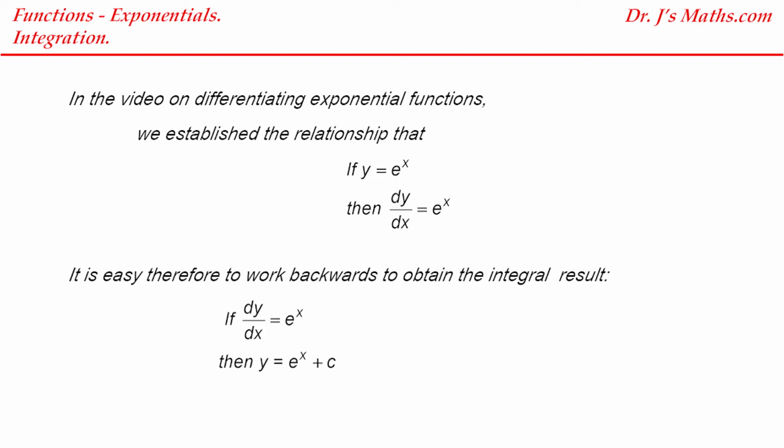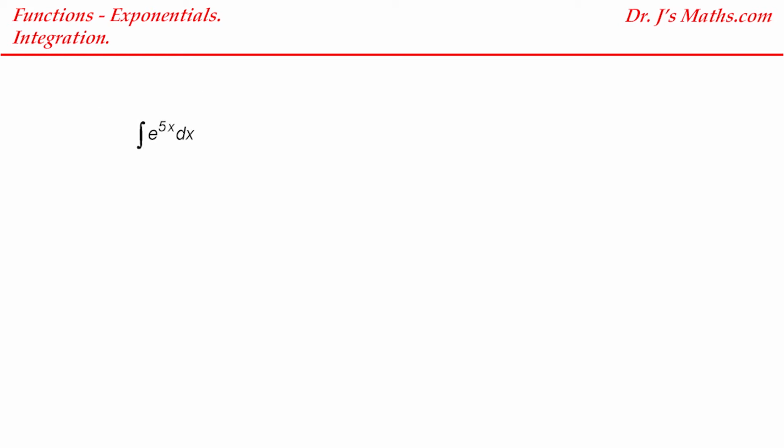For example, if dy/dx was equal to e to the x, then y is equal to e to the x plus the location constant. Or we can write the integral of e to the x dx is equal to e to the x plus c.